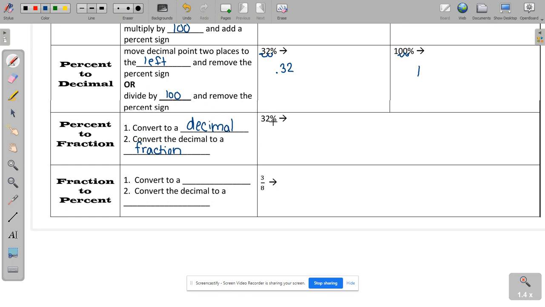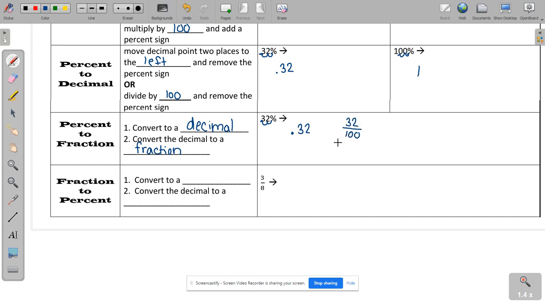So to make it a decimal, we have to move the decimal over to the left 2 spots. So it turns into 0.32. Then we need to change this into a fraction. So 0.32, that is 32 hundredths. So 32 over 100.